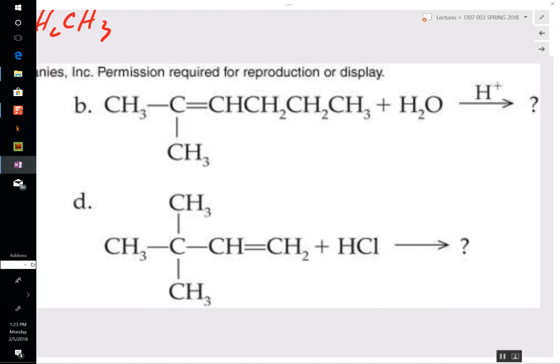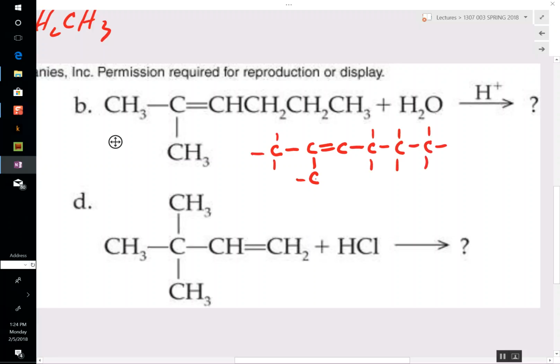Let's look at B. I'm going to lay B out here a little bit differently. All right, now I'm laying this out, and when I do a problem like this, I say, well, okay, I need to think about Markovnikov's rule, so let's lay this out on a piece of paper.